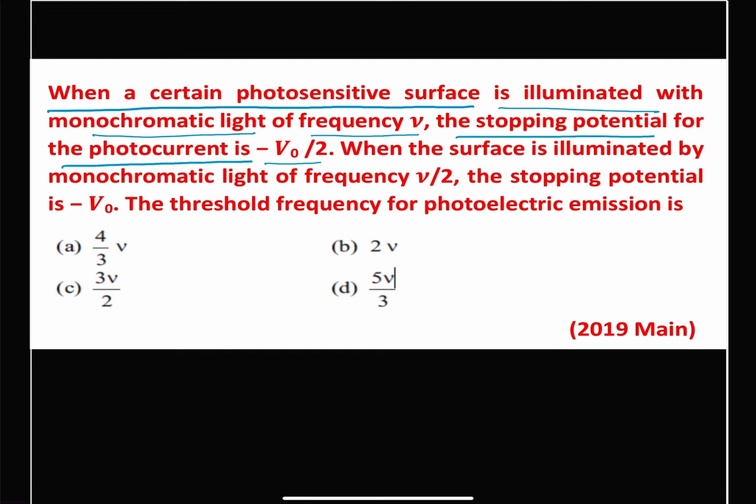So for frequency nu we have a stopping potential of minus V naught by 2, and for frequency nu by 2 we have a stopping potential of minus V naught.